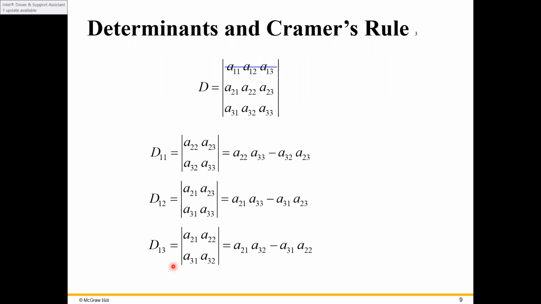So here you can see that we have these three minor matrices, and for each of them we can very easily find the determinant. Once we find their determinants, we can multiply these values by their respective cofactors.